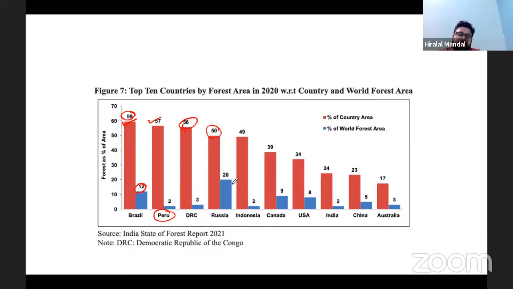So basically there are four major countries in the world in which more than 50% of the area is forest area. Okay, so these are the four important countries that are covered with forest. Indonesia just comes next.